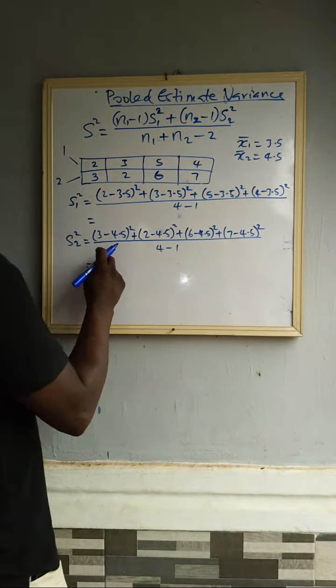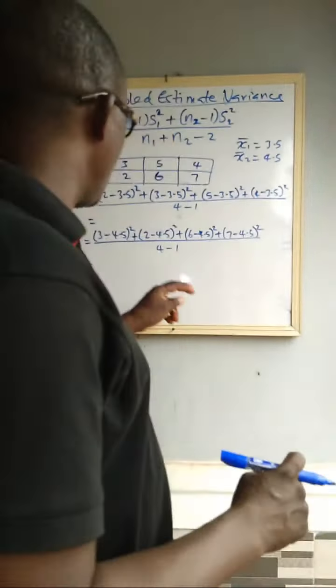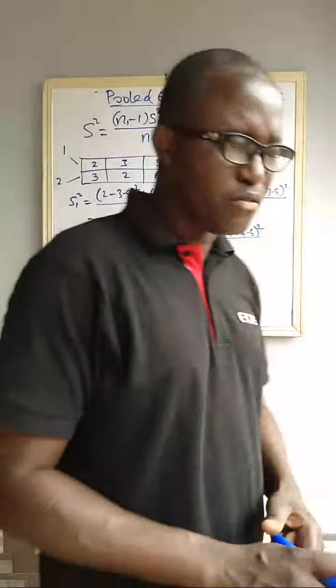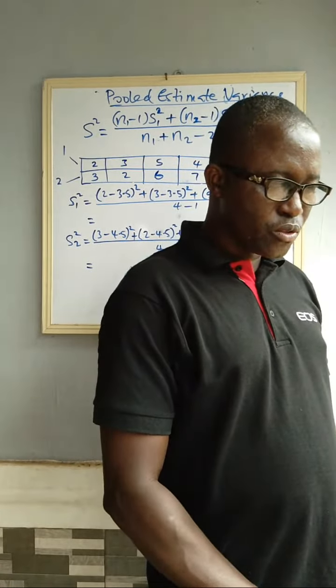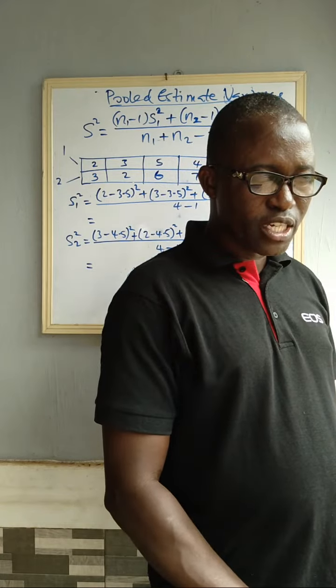And the answer, so we need to determine the answer for the two of them. Now, after determining the answer for the two of them, then we are ready to calculate the pooled estimate variance. Quickly, I want to get the answer for the two variances out here.